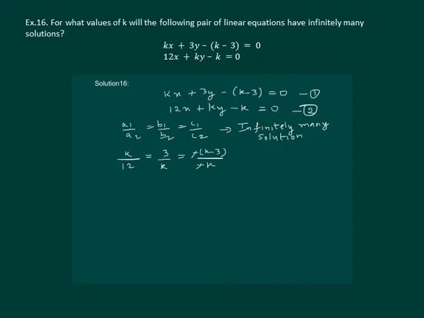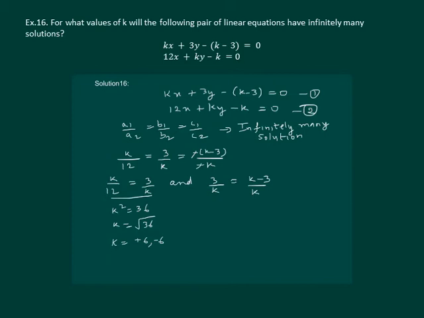So now we have k by 12 equal to 3 by k, and 3 by k equal to k minus 3 by k. From the first condition we get k square equal to 36, or k is equal to under root of 36. That means k can take values plus 6 or minus 6.